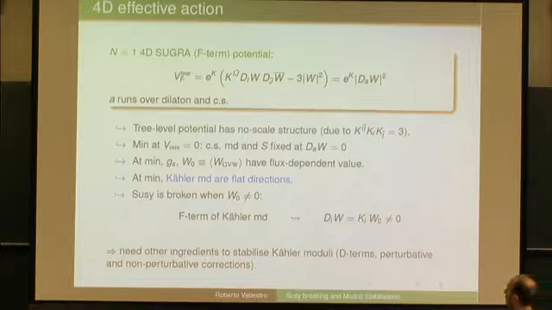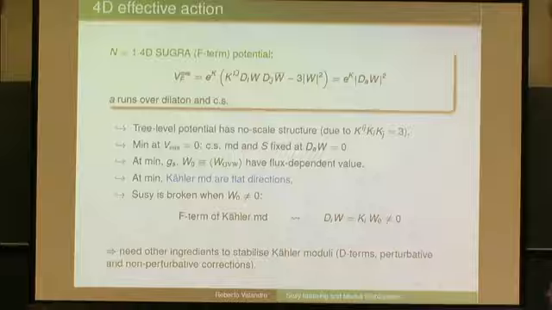Moreover, at a minimum of the potential, when V_min is equal to 0, then the Kähler moduli are completely flat directions. Not only this, if the VEV of W, that we call W0 from now on, is different from 0, then the F-term for the Kähler moduli is different from 0.